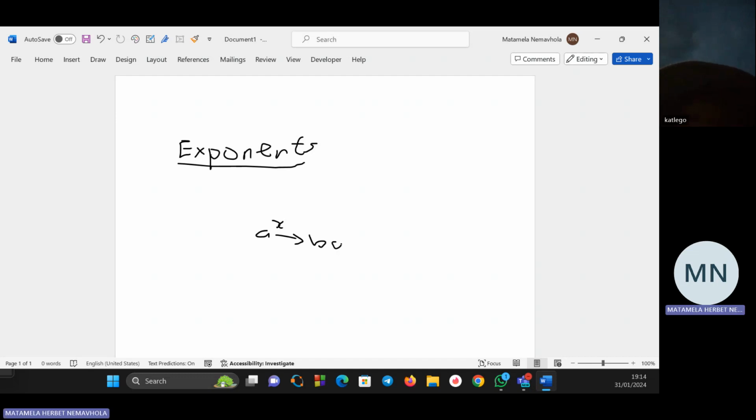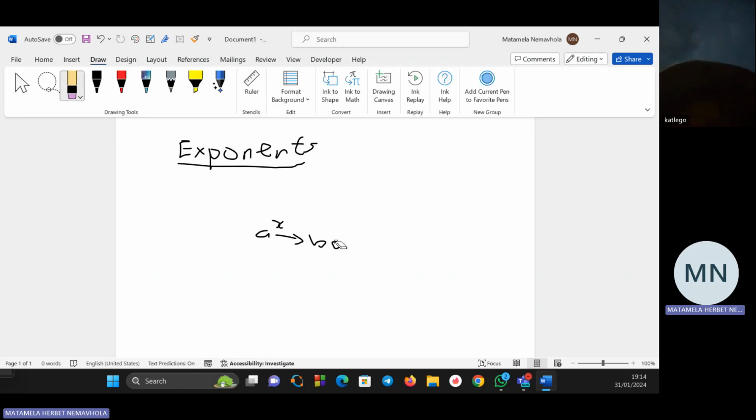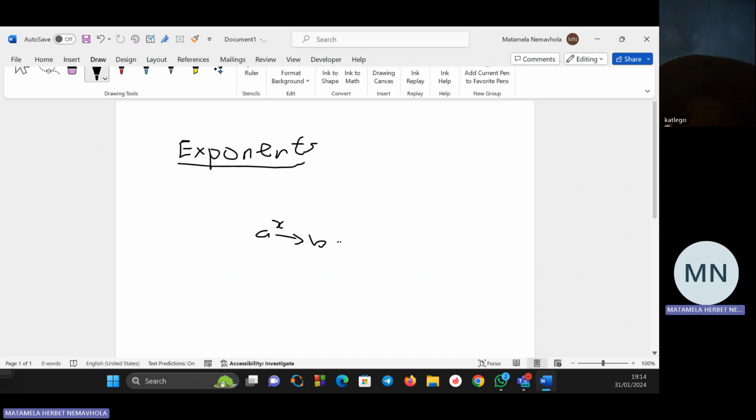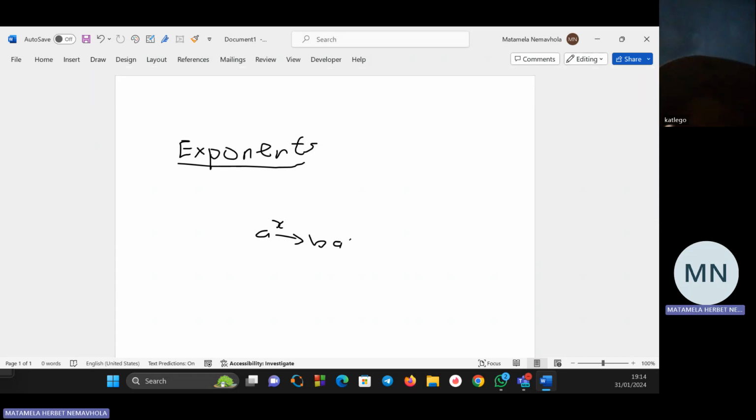Okay, we call it a base, and this x, we call it an index, or we call it an exponent.